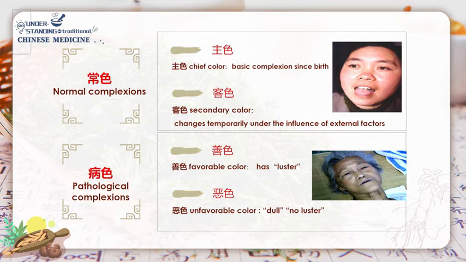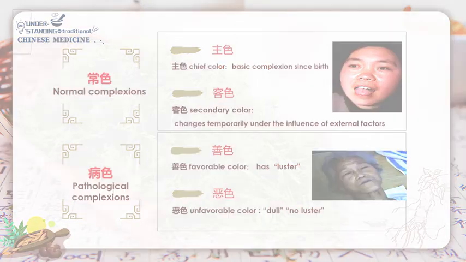It is often seen in patients with a recent, mild illness, which is easy to cure. And the unfavorable color is often seen in patients with a protracted or severe disease, like the picture shown in the lower part. That old lady shows a typical unfavorable color.